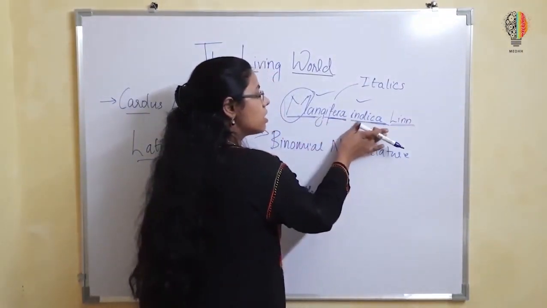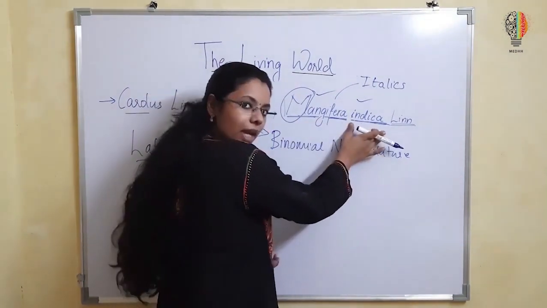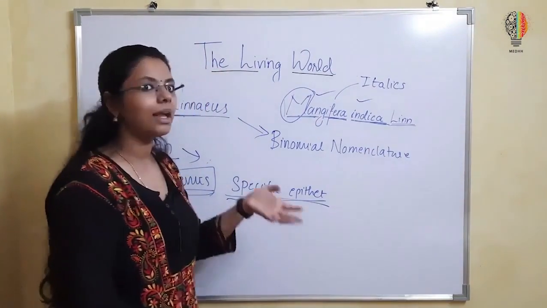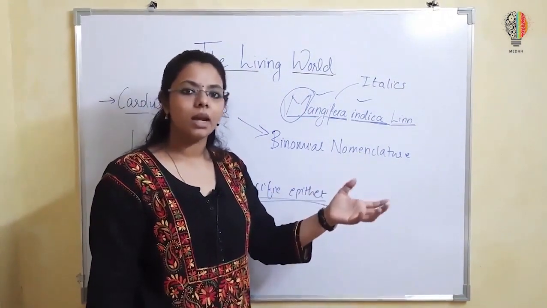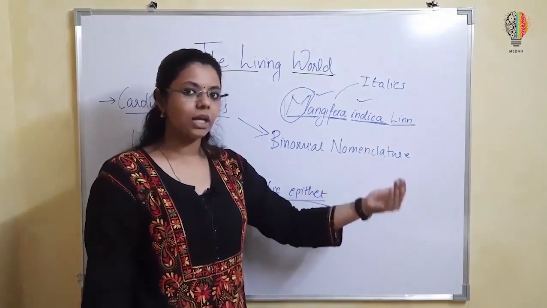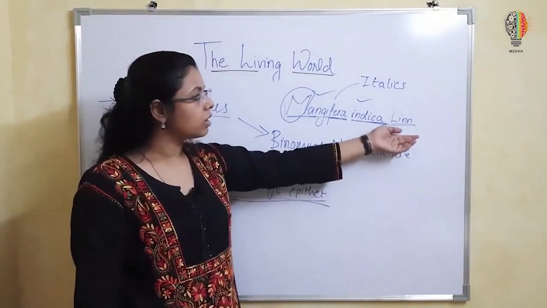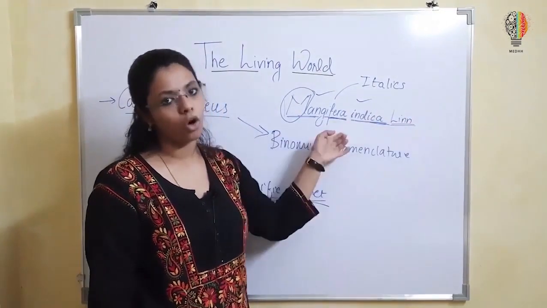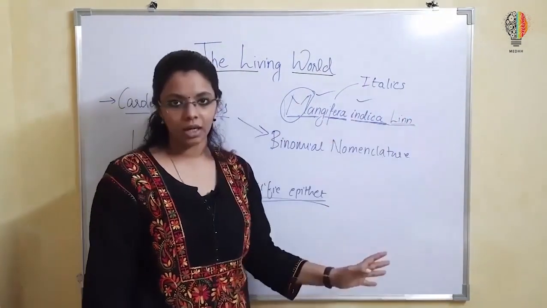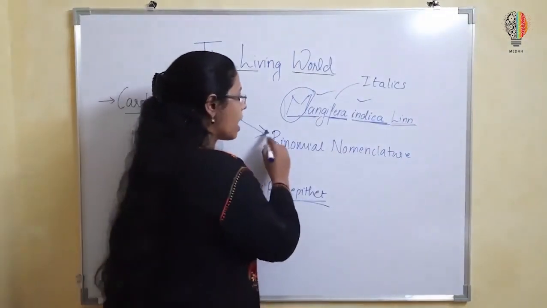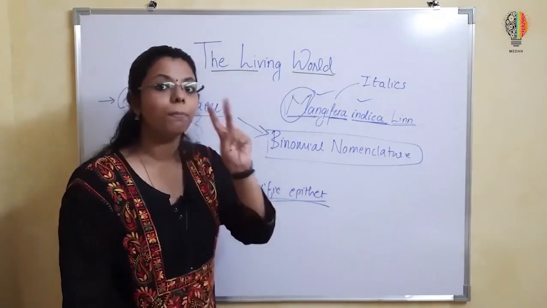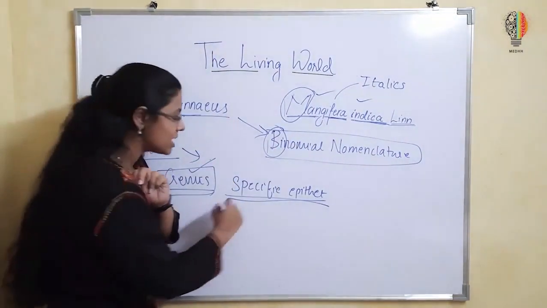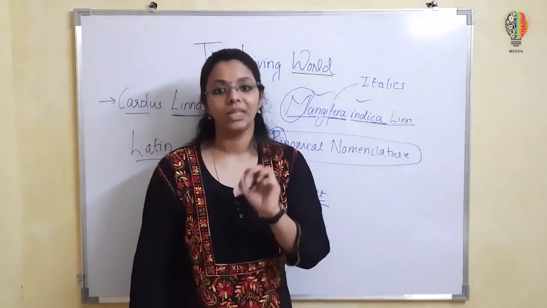This is shown because sometimes there would be scientists with the same surname, which would again lead to confusion. But it depends on the person whether he wants that abbreviated form after the name or not. This is how it is done in binomial nomenclature. Bi, that is two, includes only genus and specific epithet.